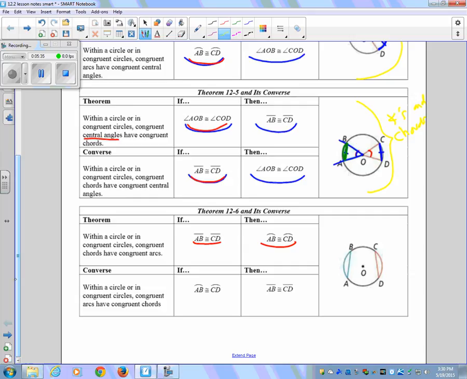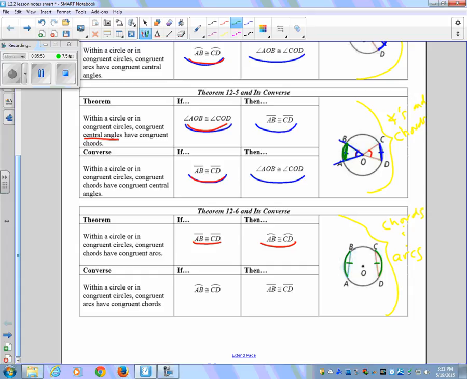Down here, this is going to have to do not with the central angles, but with just the chords and the arcs. If chords are congruent, then the arcs are congruent. If the arcs are congruent, then the chords are congruent.